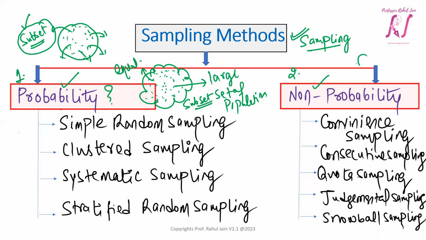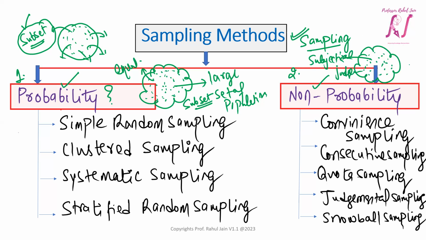Whereas in non-probabilistic kinds of sampling methods, what happens? There are some kinds of subjective judgments. So if I want to study that large population, there is not an equal chance for each and every individual to be a sample. Getting it?